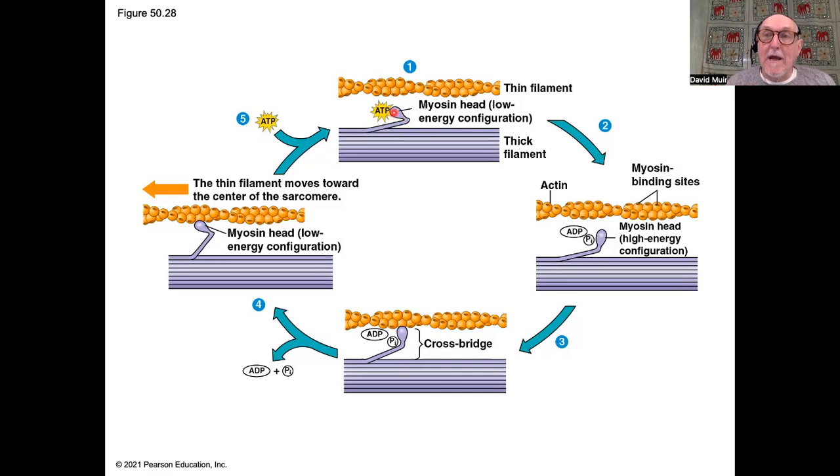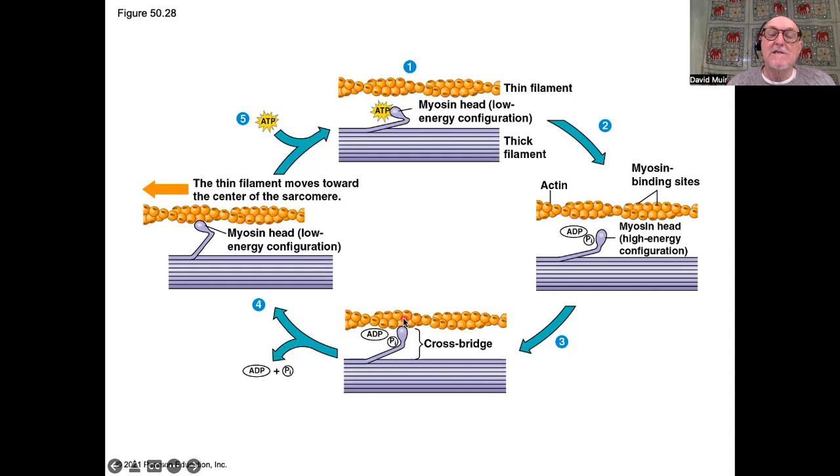But when ATP is used, that head can be moved back, and it is now like a spring loaded in the open position. Once it reaches this conformation, it is able to bind to actin. And here it is, binding to the actin.